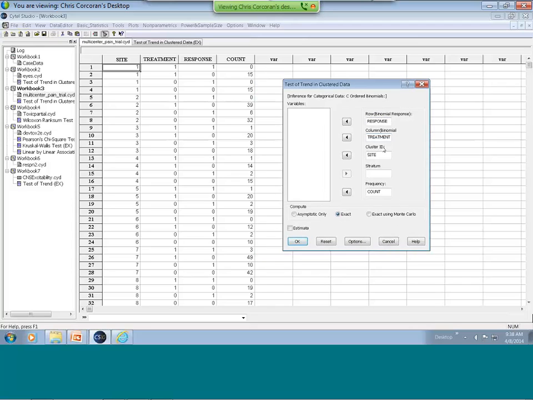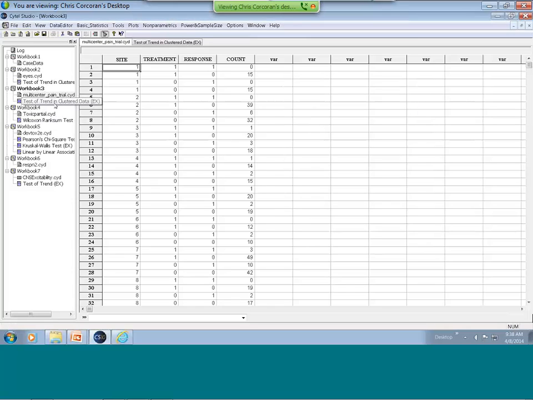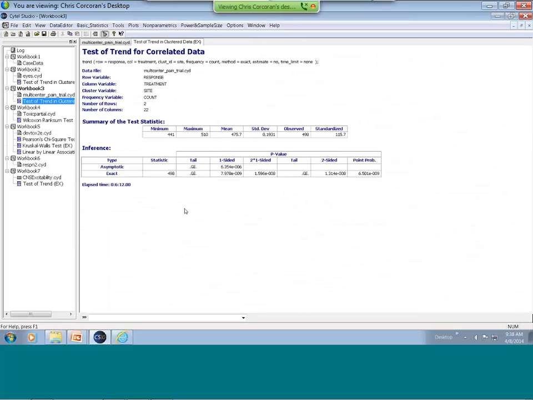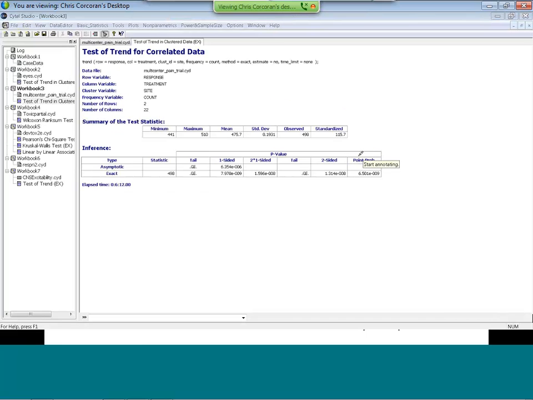The cluster ID is site, but here I also have a frequency count just because the data are displayed here in grouped form. But let's just go straight to the result, and you can see the two-sided p-value is shown on this side of the screen, so on the order of 10 to the -8.